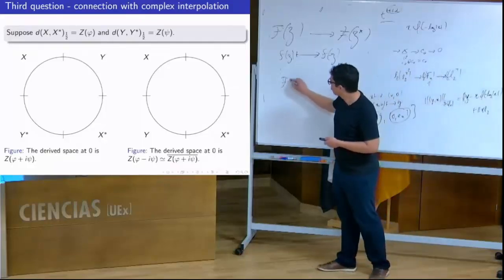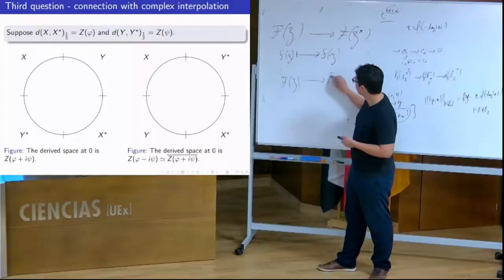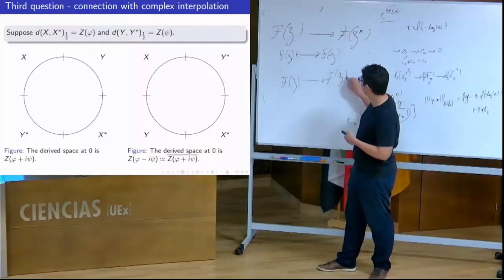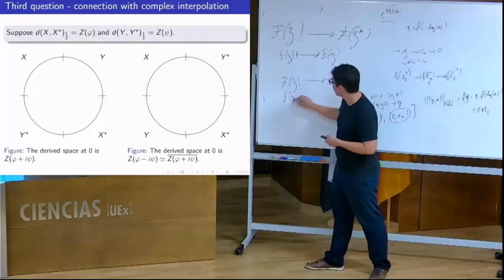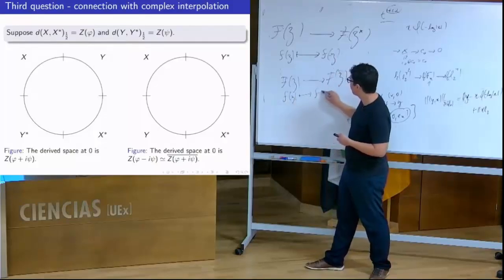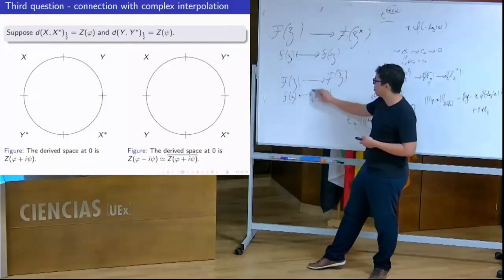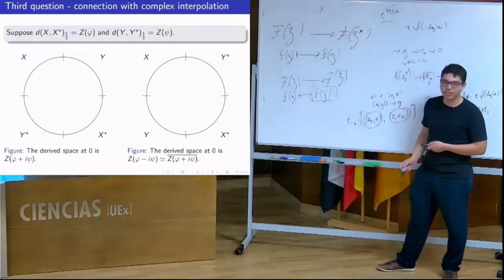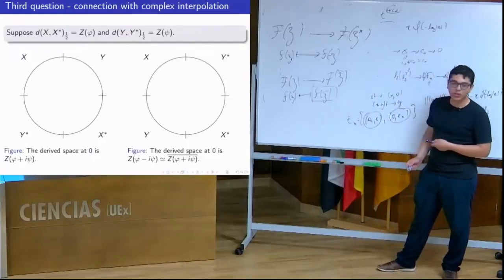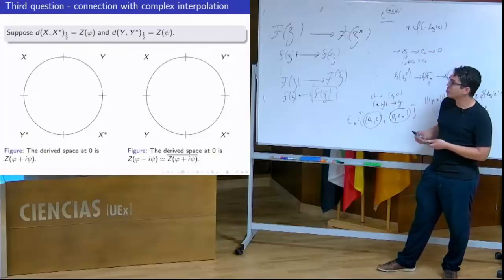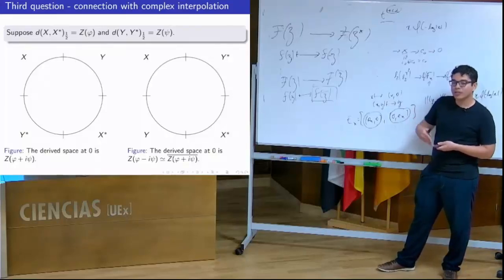So let us call this configuration z bar. You want to go from f of z to f of z conjugate. But this is not an analytic function. Okay? So you lost the isometry. So that's a visual manner to see why, from complex interpolation, these spaces cannot be isomorphic to their conjugate.